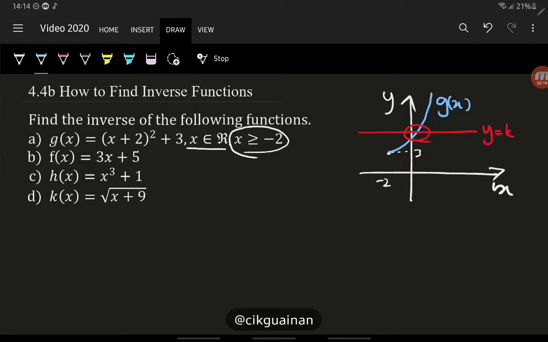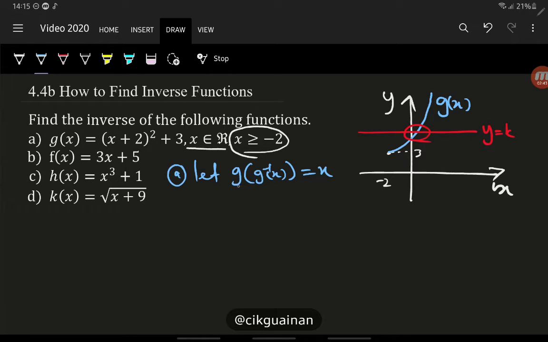So let's find the inverse. How to find the inverse? First step, let g inverse of x equal x. It means that we insert g inverse as the object.